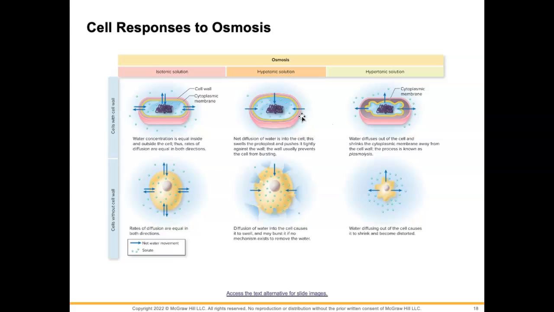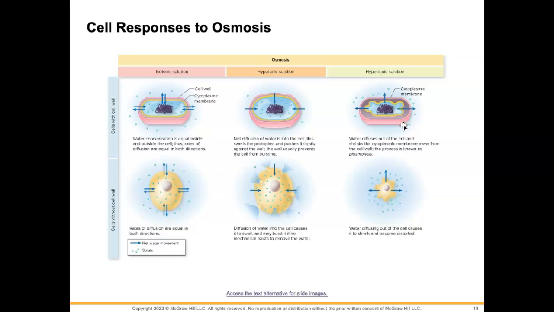Water is going to move into the cell, and that cell is going to swell up and burst. That happens in both cases, whether it has a cell wall or not. With a cell wall, it swells and pushes tightly against the wall, and the wall prevents the cell from bursting. However, the cell will swell up and it's not going to be in good shape because of that.